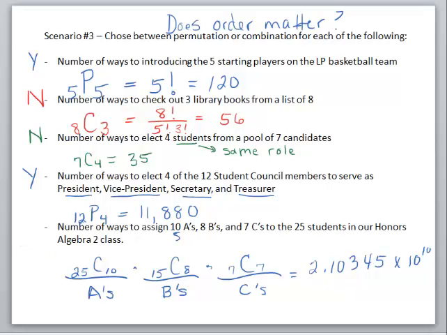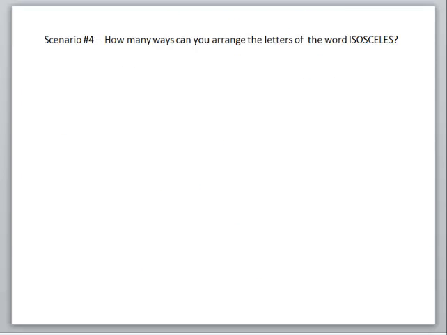Okay, last example. In scenario 4, we want to take a look at how many ways we can arrange the letters in the word isosceles. Well, this poses another problem to us. If we take a look at the word isosceles, we have some repetition.